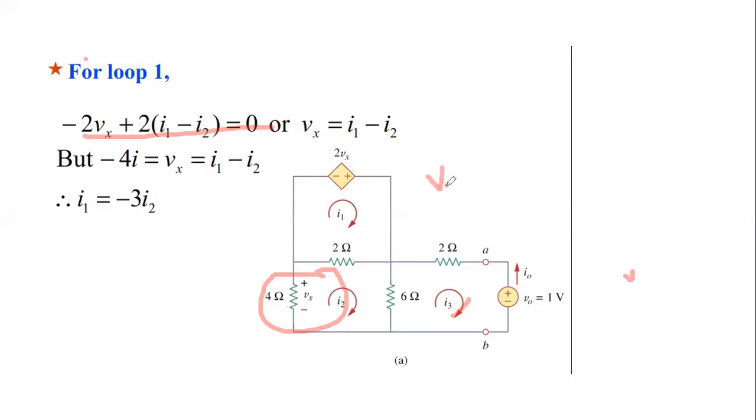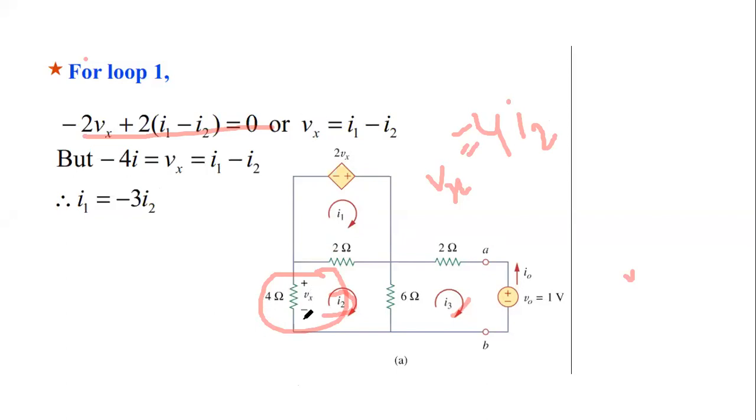So Vx will be taken as, now see, what is the direction of I2? I2 is flowing like this, negative to positive. Okay? I2 is flowing negative to positive. So Vx will be taken as minus 4I2. See carefully.